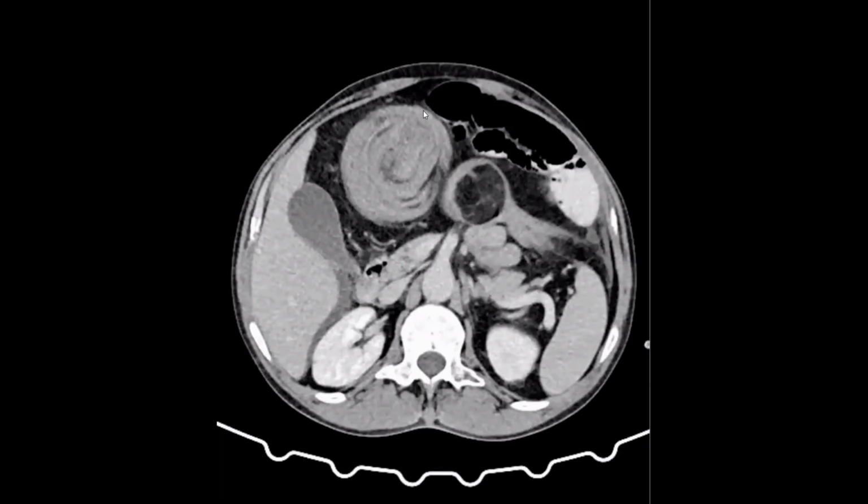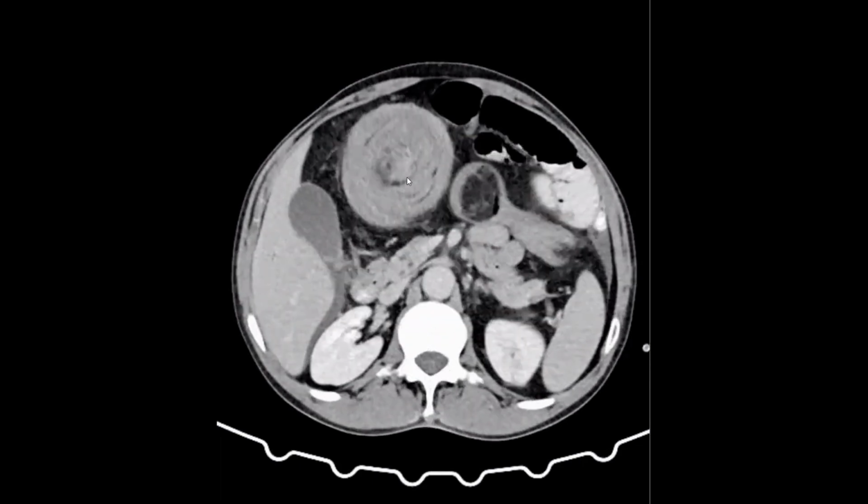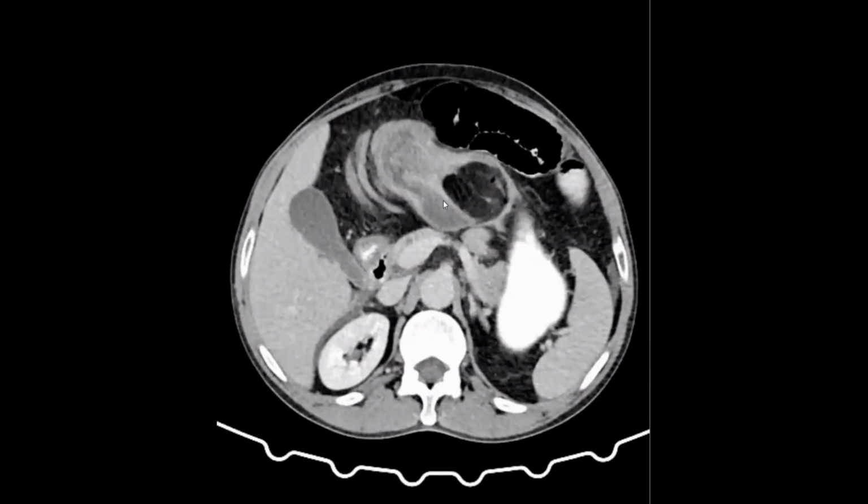That's the colonic segment receiving the invaginated bowel loops. So this is the leading point, intramural lipoma. Sometimes, in many cases, we couldn't identify the cause of the leading point, but we should search. Even if the intussusception was resolved, we should search for a leading point. You should do endoscopy and search for the cause of this leading point.